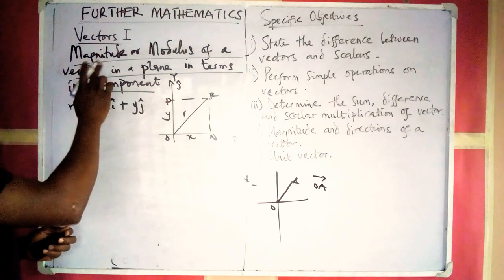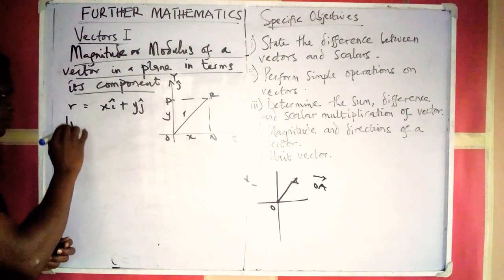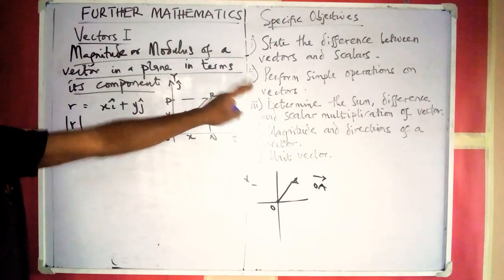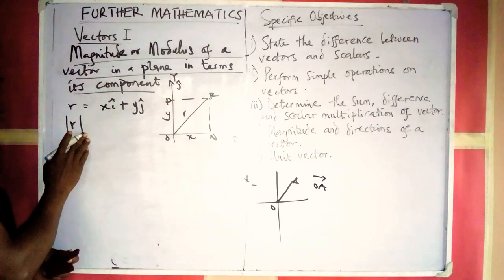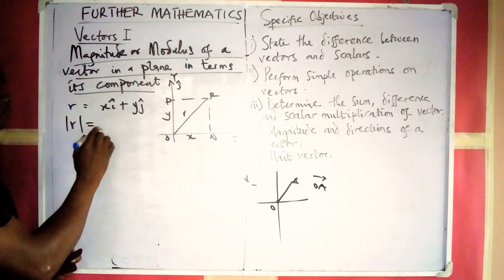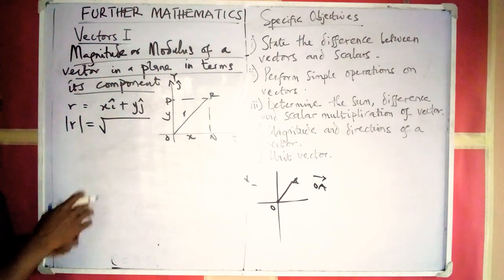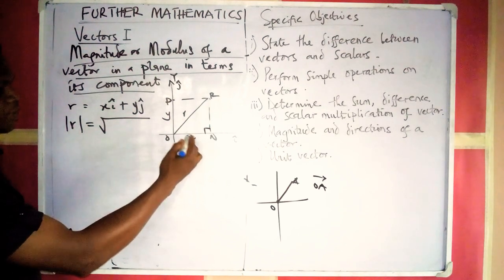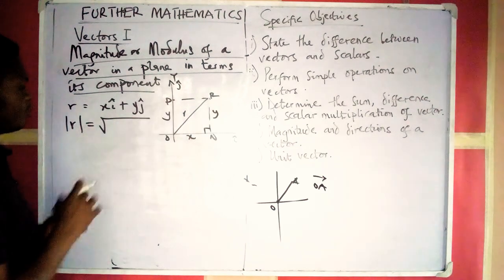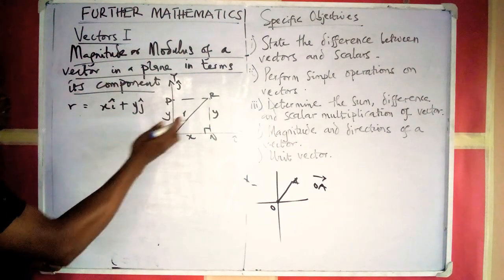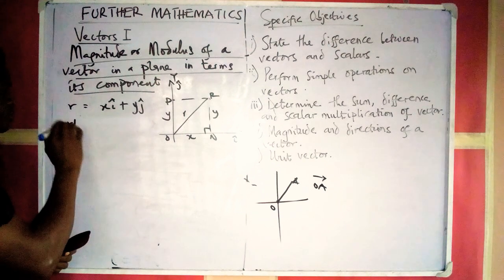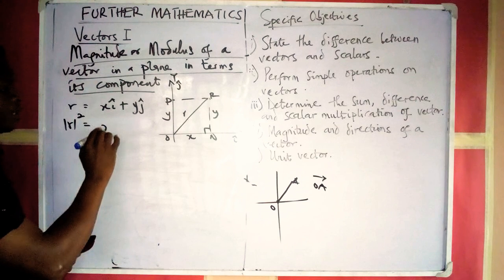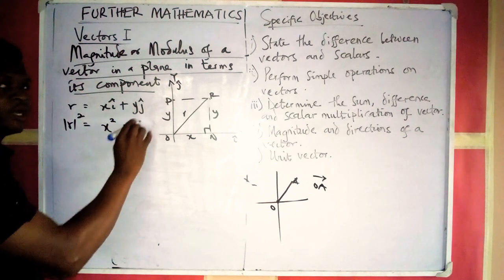So the magnitude or modulus of this vector, we will write as the square root. This is actually obtained from the right angle triangle we have here, in the sense that here is x and here is also y. So for us to find the magnitude of this, we say that r squared is equal to x squared plus y squared.